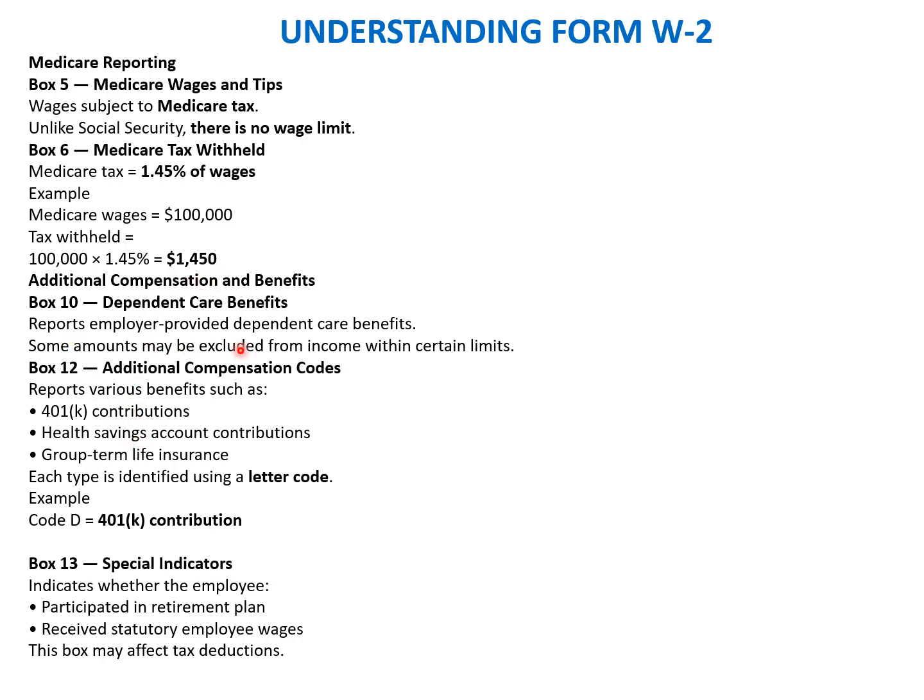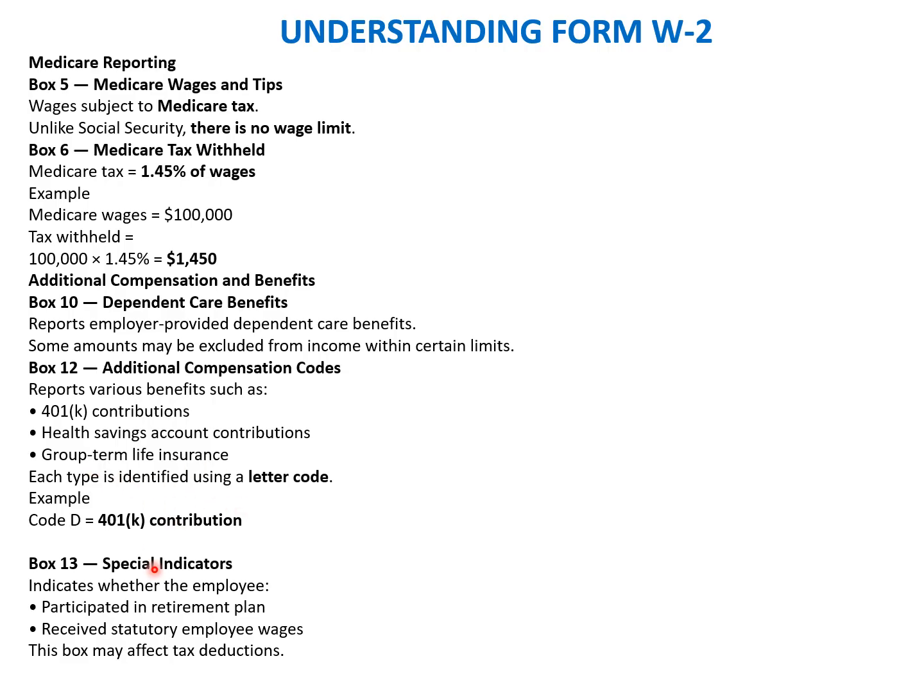Then we have additional compensation and benefits, which includes in box 10 dependent care benefits, where the employer reports provided dependent care benefits, and then box 12, additional compensation codes, reports various benefits such as 401(k) contribution, health savings account contribution, group term insurance, identified by a letter code.